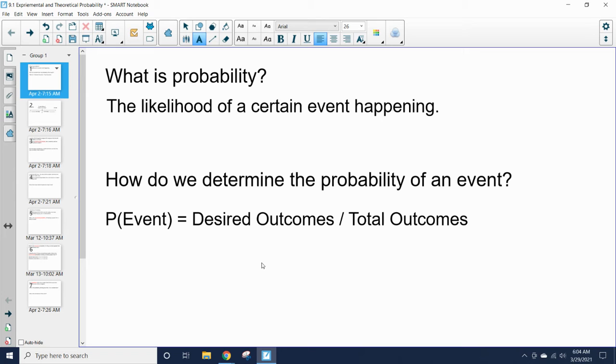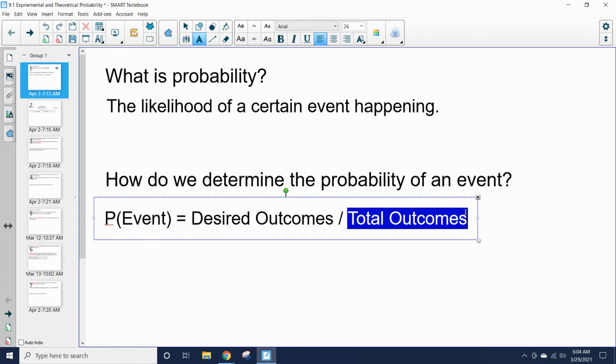Now, desired means just the number of outcomes that you want. So if we're flipping a coin and having it land on heads, we have essentially one desired outcome. The head side is the outcome that we want. While the number of total outcomes is two. The coin can land on heads, or the coin can land on tails.